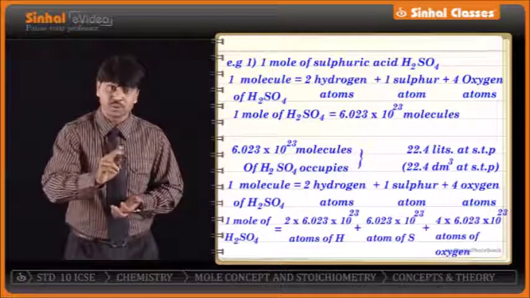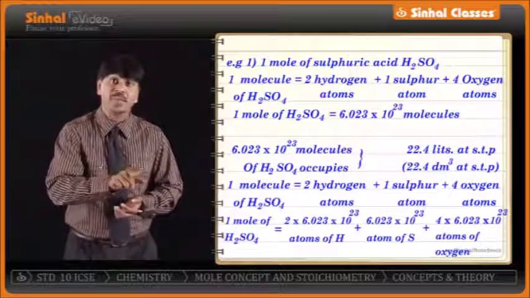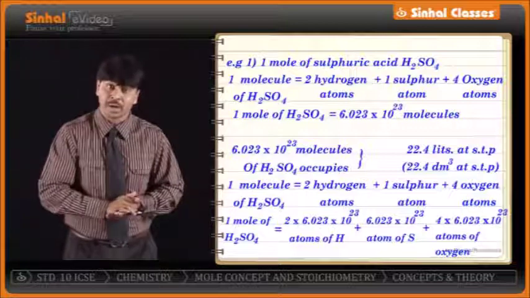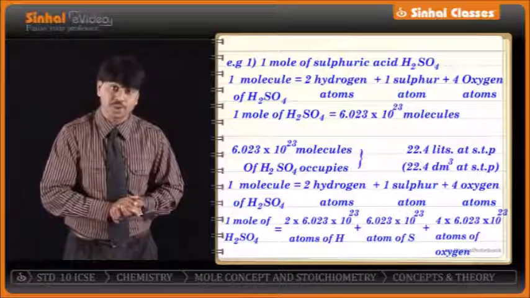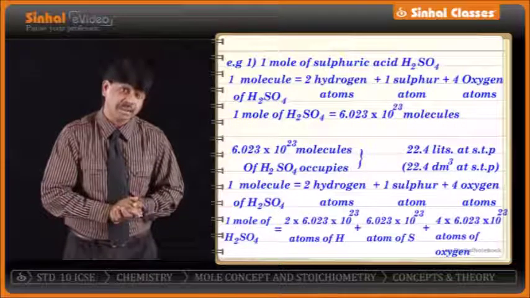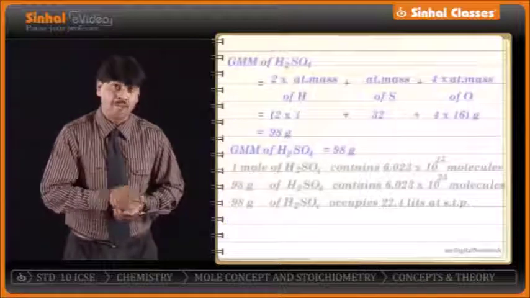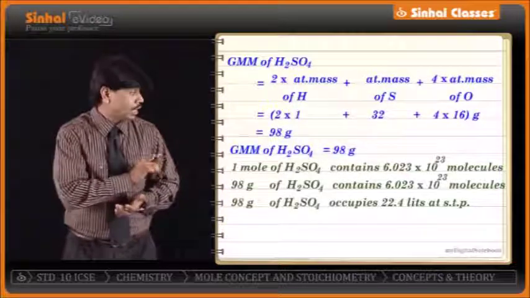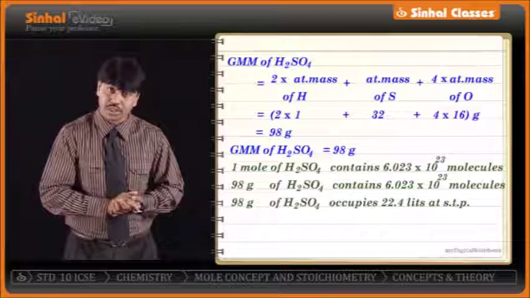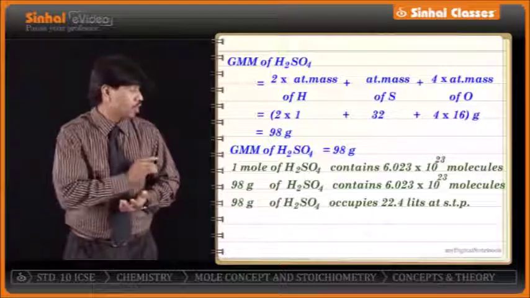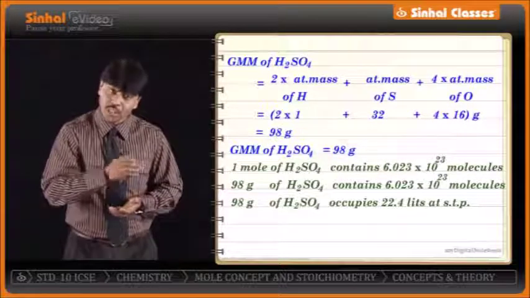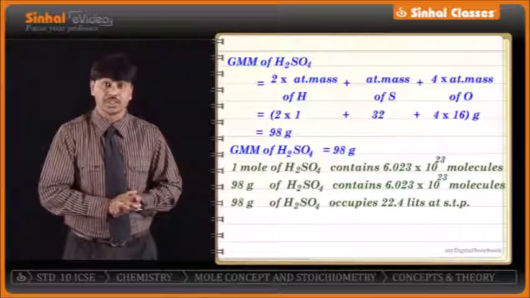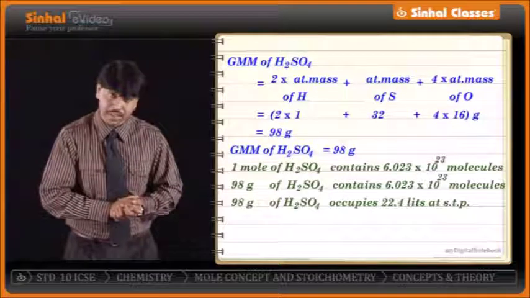Since one molecule has 2 hydrogen atoms, it will be 2 × Avogadro's number, that is 2 × 6.023 × 10^23 atoms of hydrogen. How many of sulfur? 1 × 6.023 × 10^23. What about oxygen? It will be 4 × 6.023 × 10^23.